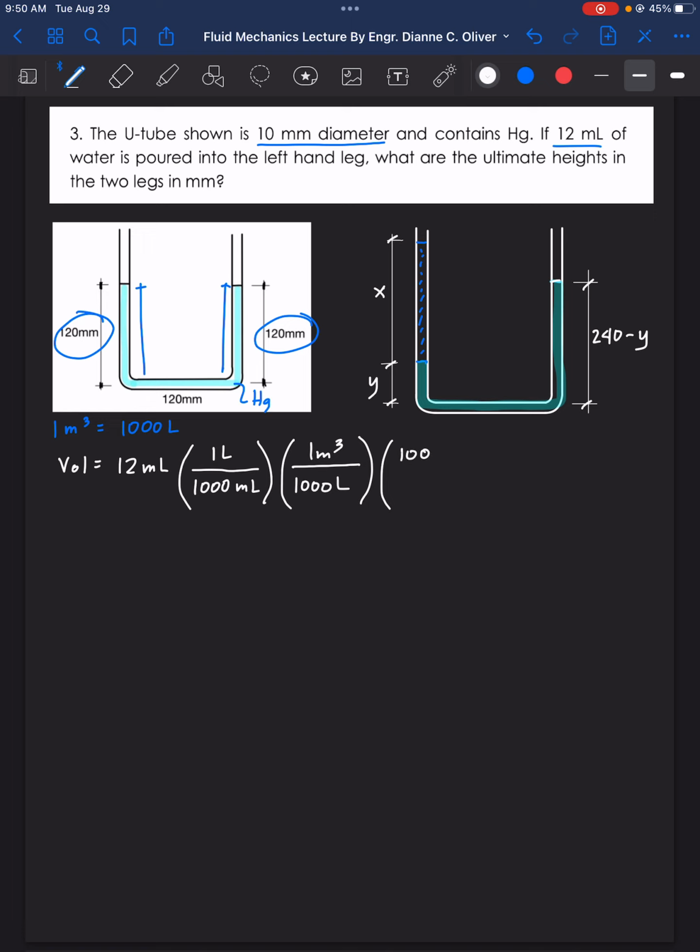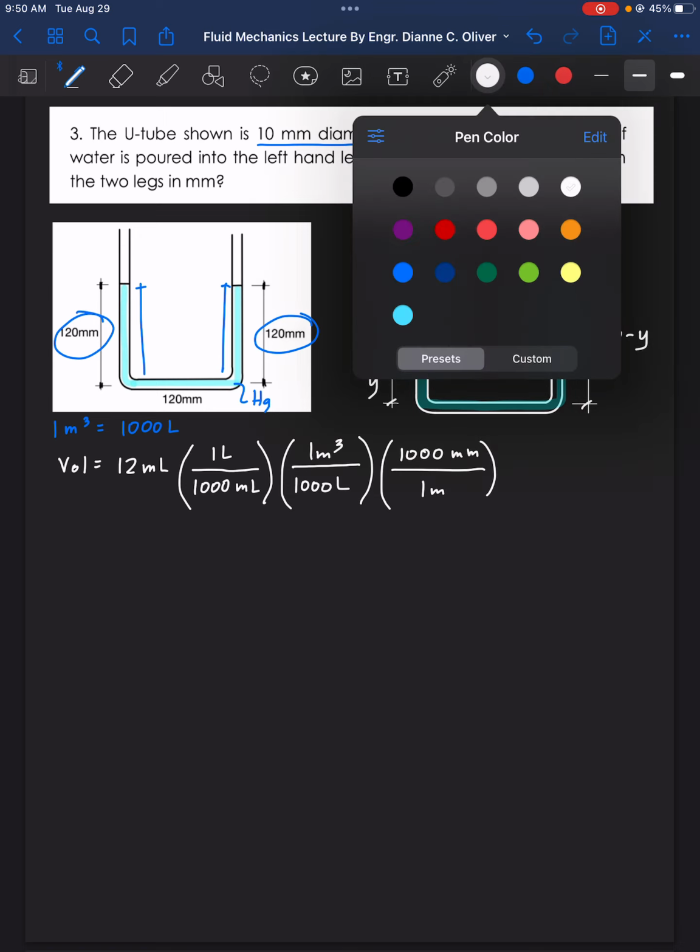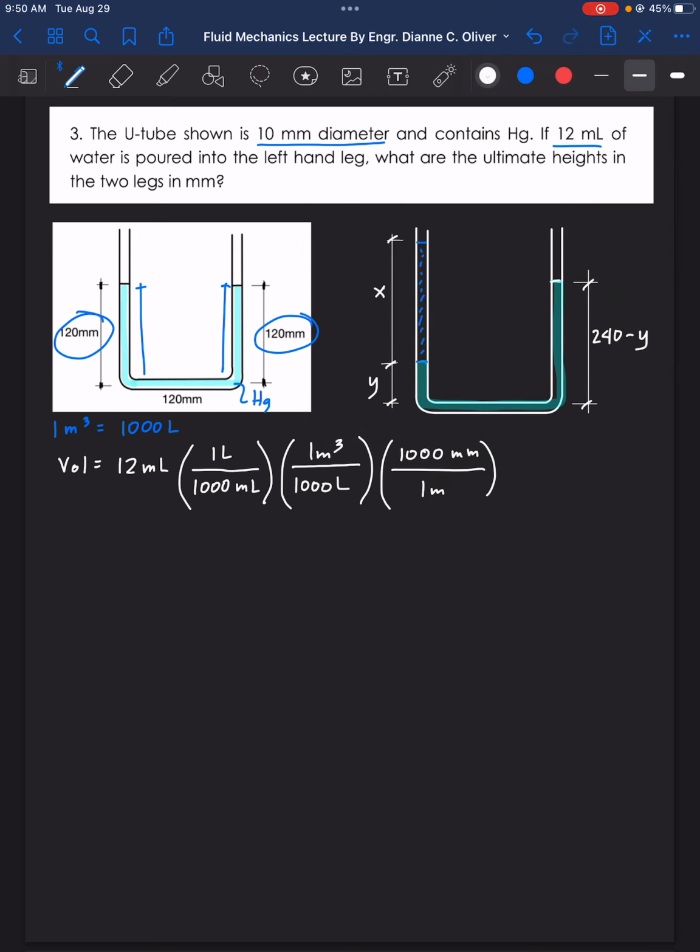That is 1000 mm in every 1 meter, and let's cube that. Therefore ml cancels out, liter cancels out, cubic meter cancels out.